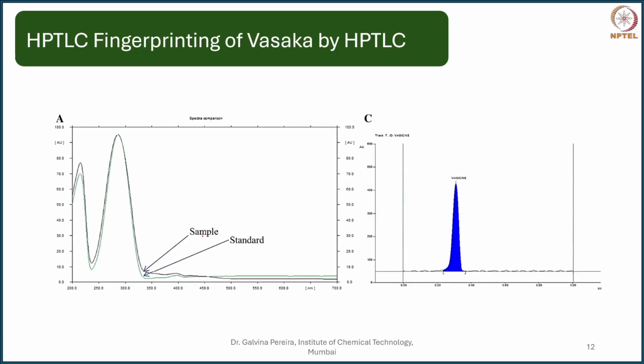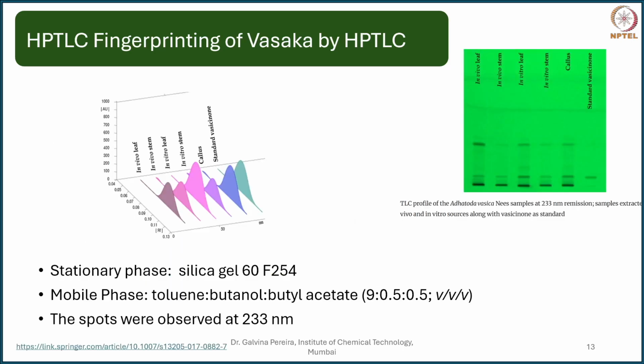So I have put the UV spectra of my sample extract versus the Vasicine standard, and both the UV spectra match. What does that mean? That means it's a singular compound, and that compound is your Vasicine. So I can identify as well as quantify using HPTLC. You can see here there is one more paper showing the amount of Vasicine and Vasicinone.